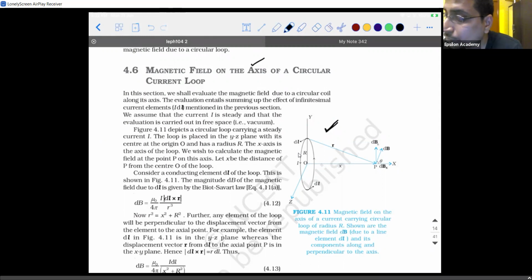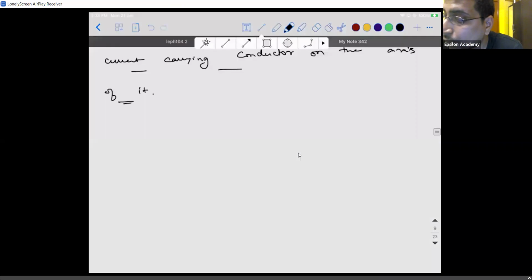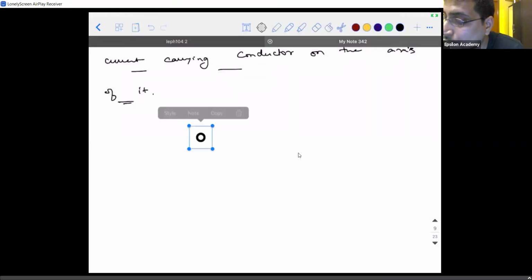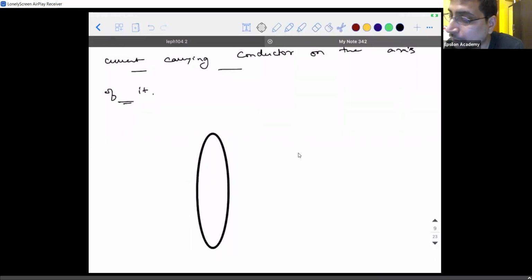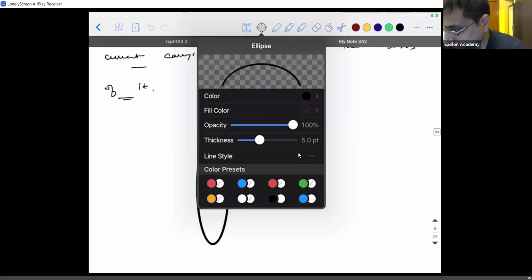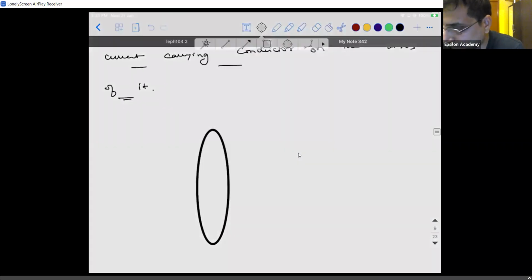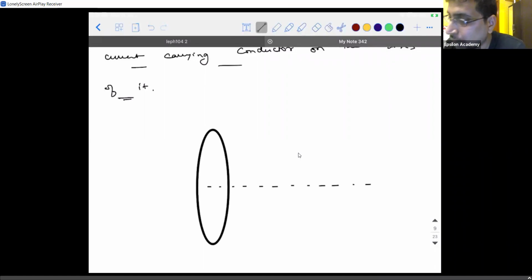Let me draw it. Okay, I have an oval shaped conductor through which I have an axis. Since the axis is imaginary, I'm using dotted lines. That's only logic, nothing else.